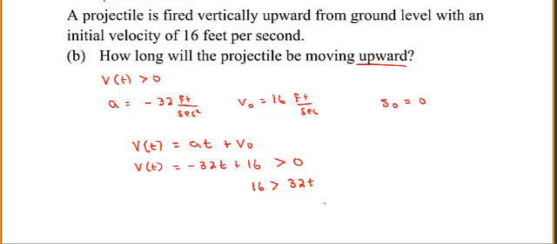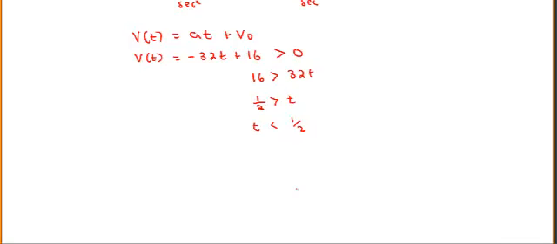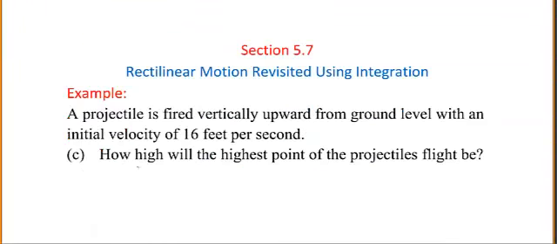Dividing both sides by positive 32, we don't have to reverse the inequality symbol. We'll have 1/2 is greater than t, or t is less than 1/2. So the projectile will be moving upward for 1/2 second. At 1/2 second, the velocity will change from being positive to negative. That's the dividing point, and we'll use this in the next problem.